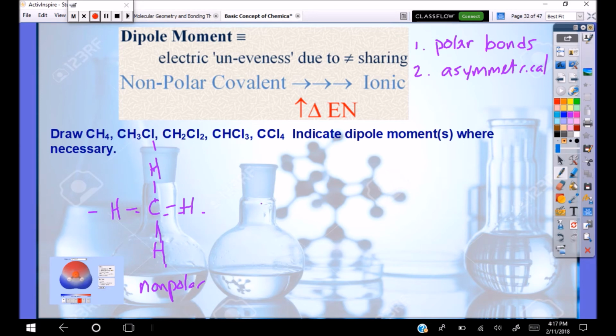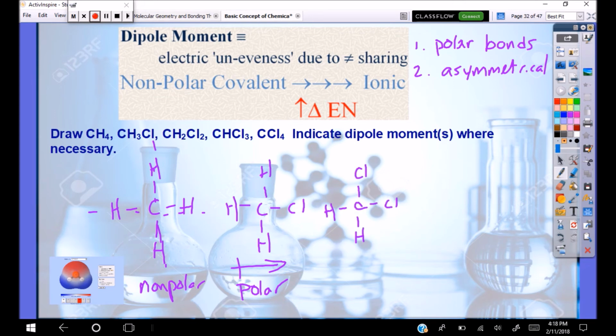But the minute you start throwing on some electronegative groups on there, you're going to make your molecule polar. So here I throw on a chlorine, which is electronegative. We're going to get a dipole that goes towards this end of the molecule. Definitely going to be polar. You could even add on another chlorine group, say like this.